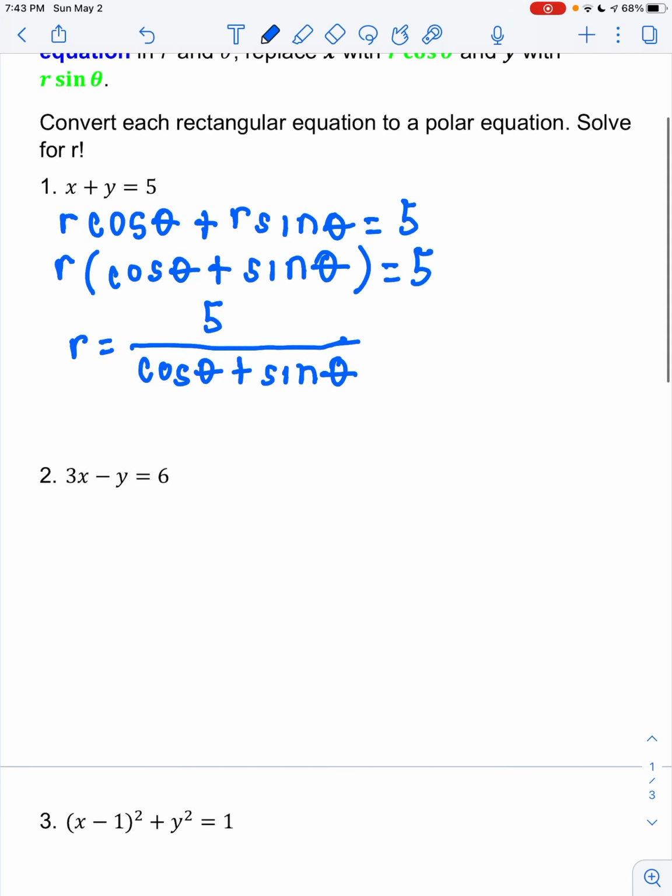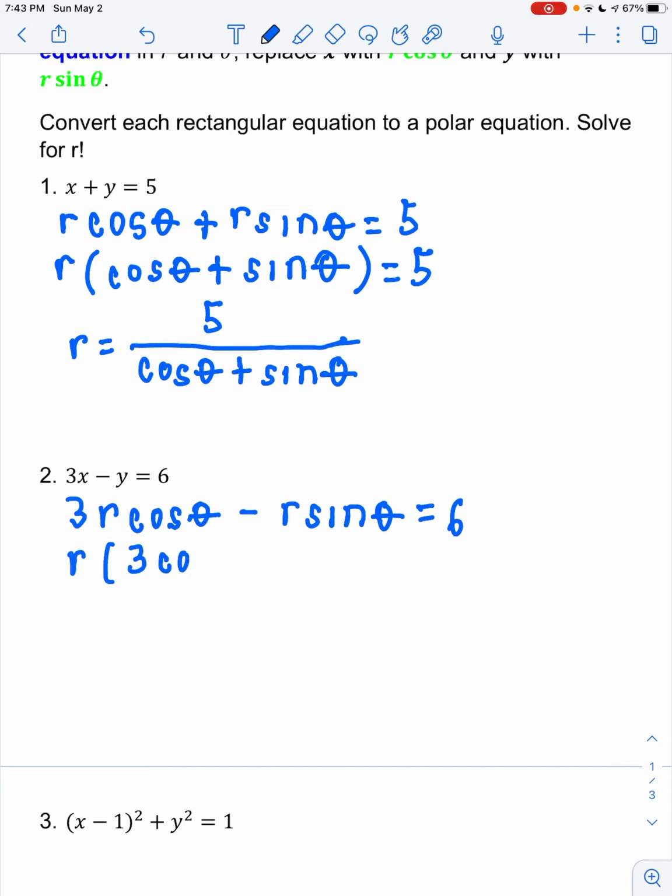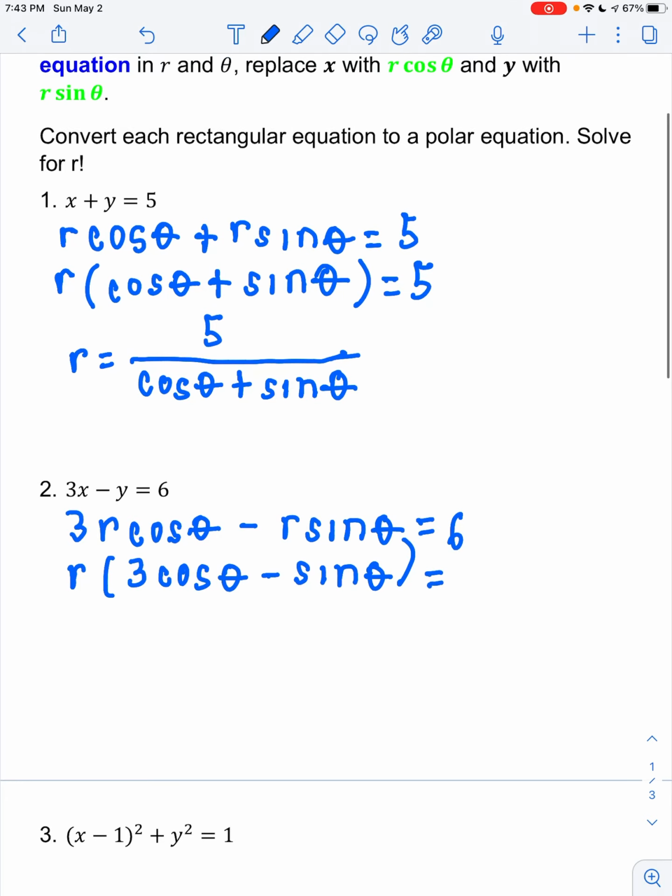This time our equation, which is also linear, 3x minus y equals 6, when we replace x, we're going to have 3 times r cosine theta minus r sine theta equals 6. We'll go ahead and factor r out of both terms on the left, which leaves us with r times 3 cosine theta minus sine theta, in parentheses, equals 6.